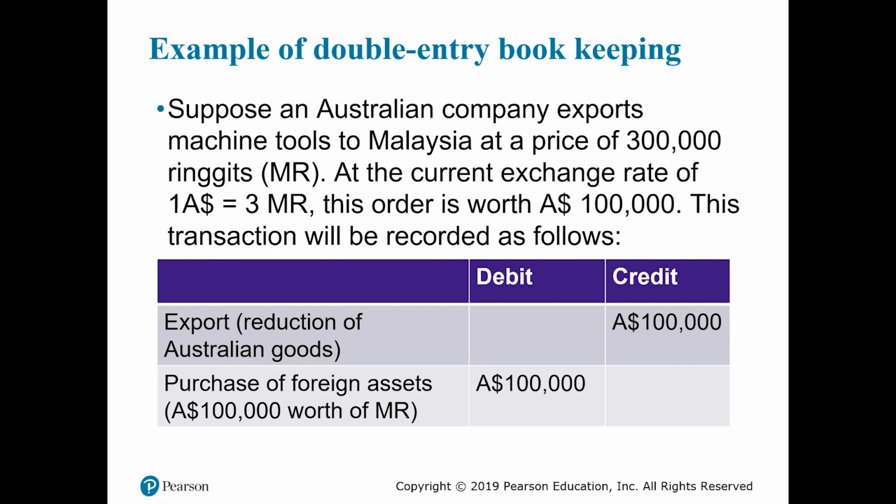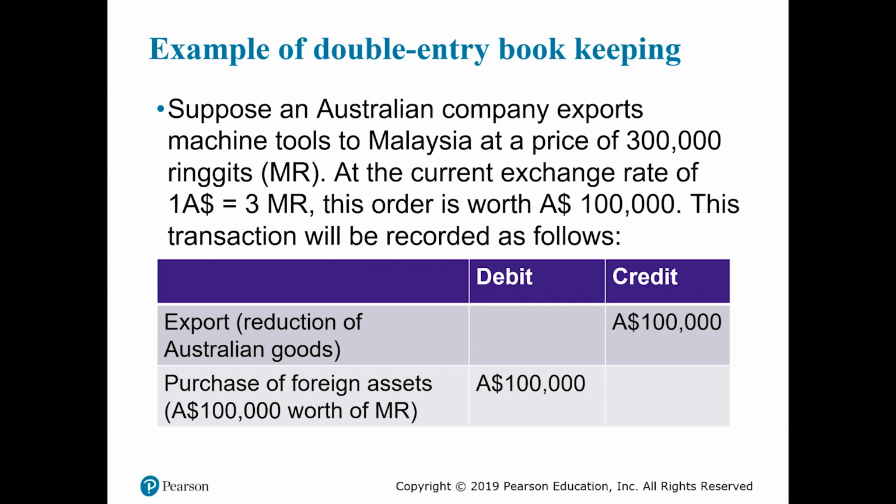Now, assume that the current exchange rate is that one Australian dollar equals 3 Malaysian ringgit. So the Australian company which is exporting a machine tool at a price of 300,000 Malaysian ringgit, which is actually worth 100,000 Australian dollars. Now, the same transaction is first recorded as a credit.